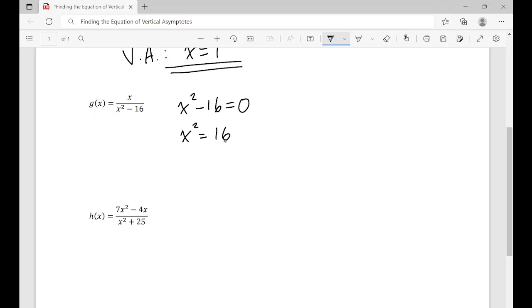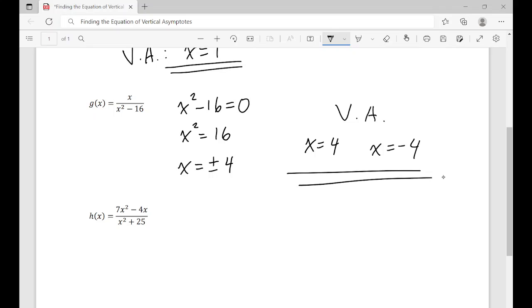And then I'm going to take the square root of both sides, and I'm going to get x equals plus or minus 4. So here I actually have two equations for vertical asymptotes. I'm going to have x equals 4, and I'm going to have x equals negative 4. And both of these will be my vertical asymptotes.